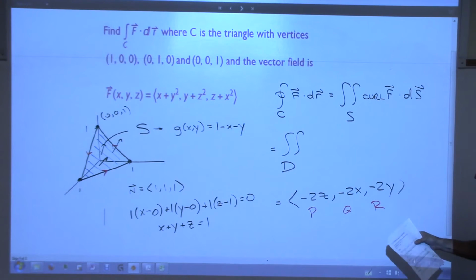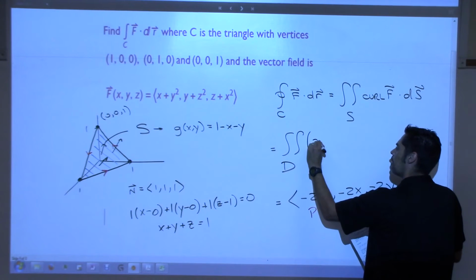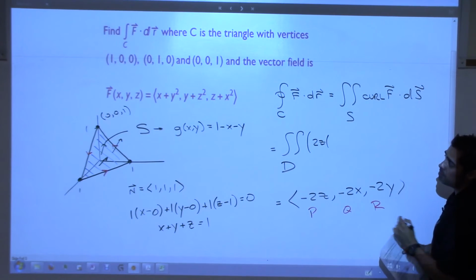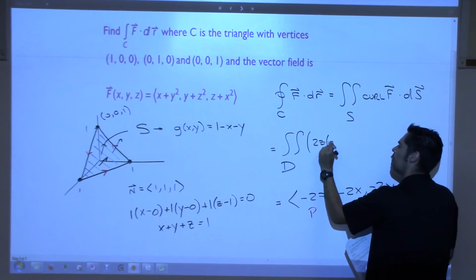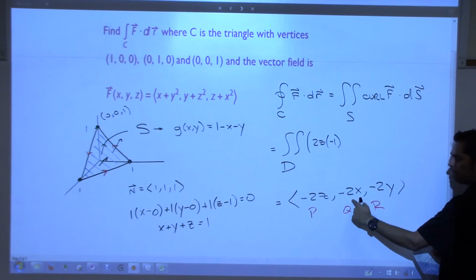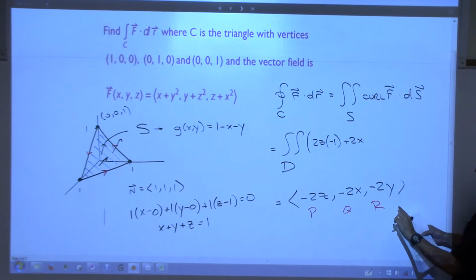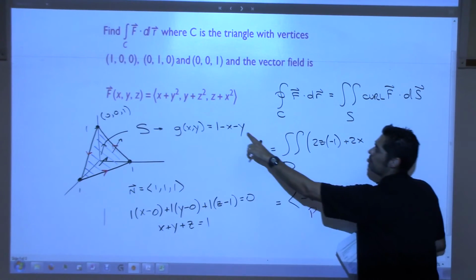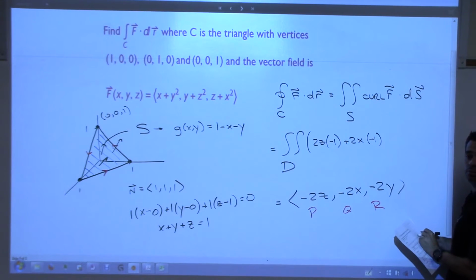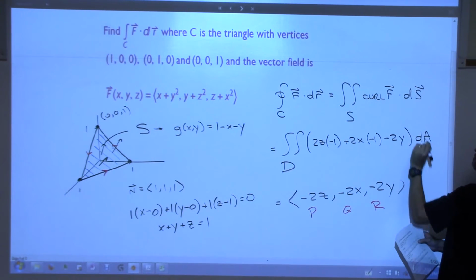So negative P for us would be 2z, but then times the partial of g with respect to x, which would be negative 1. Then minus Q would become plus 2x, times the partial of g with respect to y, which would be negative 1. And then finally plus R, minus 2y, dA.